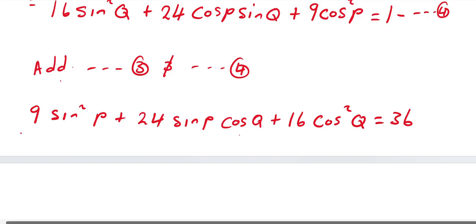So we are adding it with what? We're adding it with equation number 4.